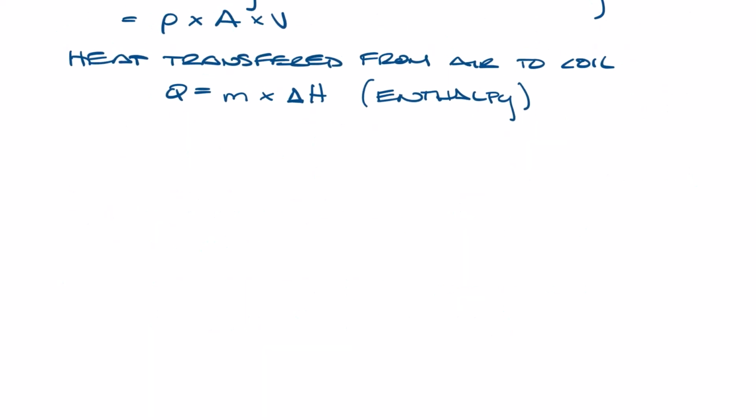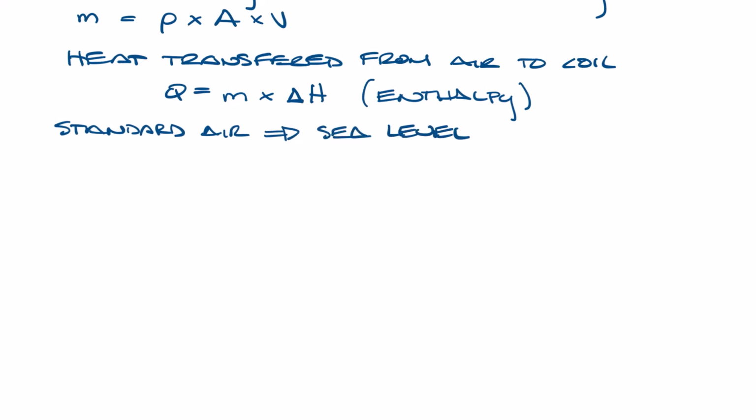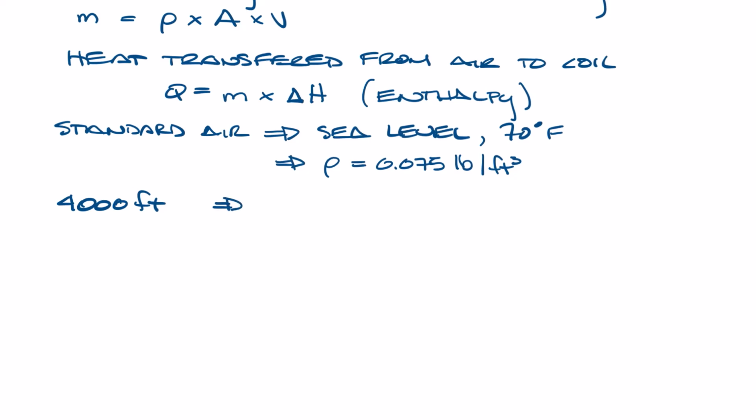Let's scoot this up a little bit. Usually if you don't change anything, it's going to use standard air at sea level and 70 degrees Fahrenheit to get the density. The density for standard air is 0.075 pounds per cubic foot. So let's compare that to if you are at an altitude around 4,000 feet, where the air density is about 0.065 pounds per cubic foot.